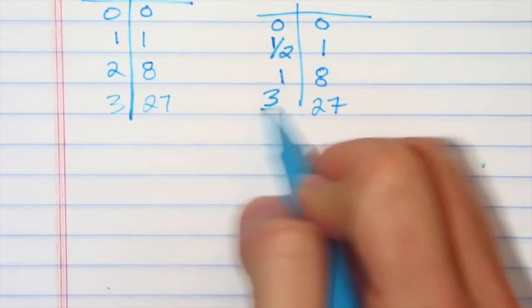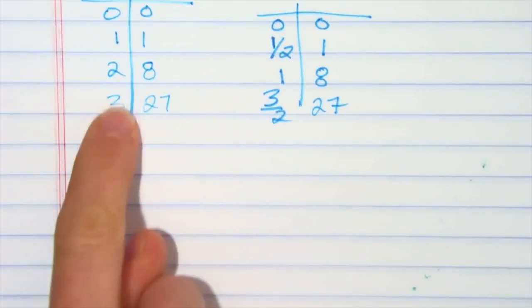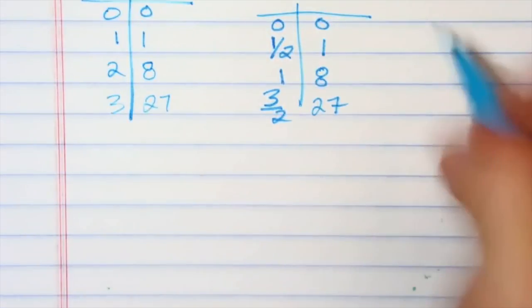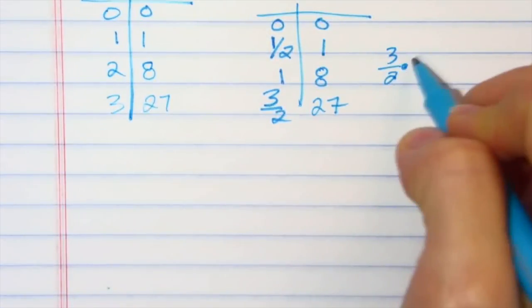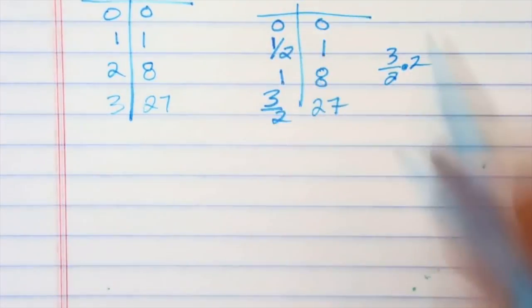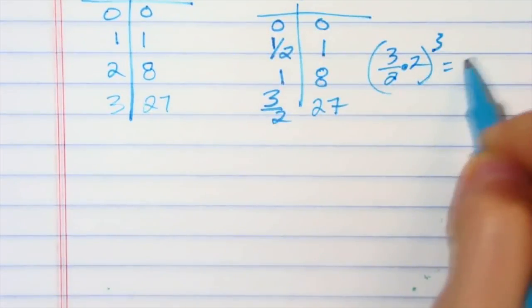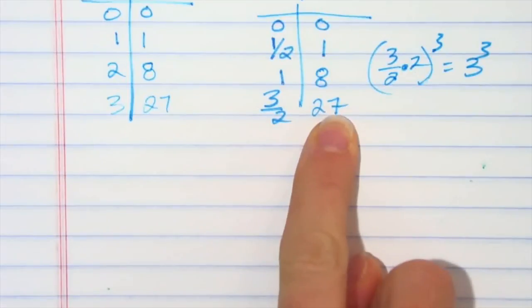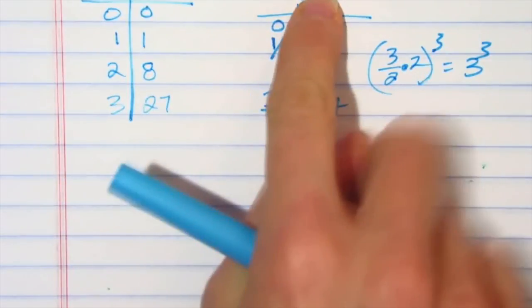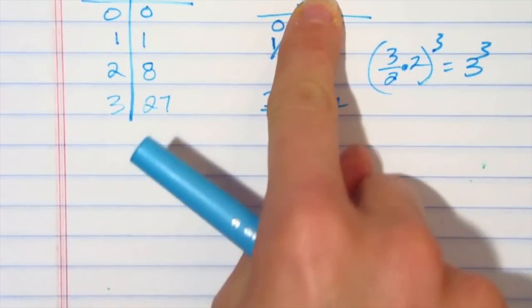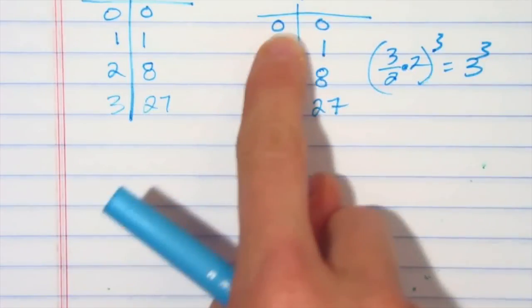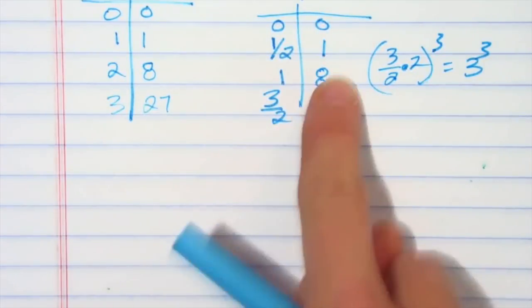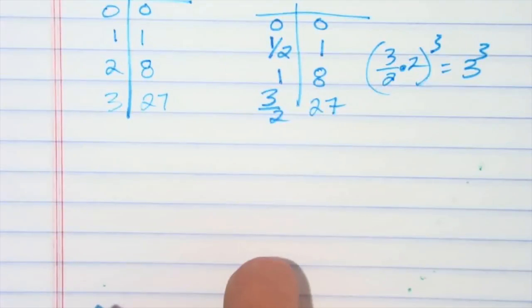So we're going to have to take half of this value, and if we plug in 3 halves times 2, so this is 2x cubed, is going to be 3 cubed, which is our 27. So if we have a 2 times x on the inside, what had to happen to all the x's to get the same y values? We had to take half of it.